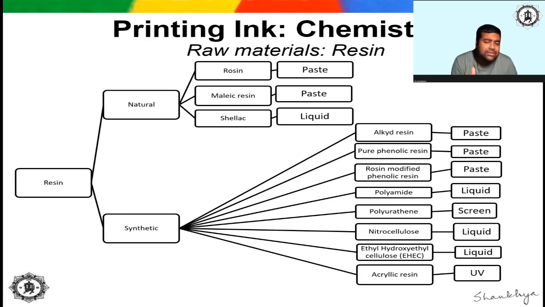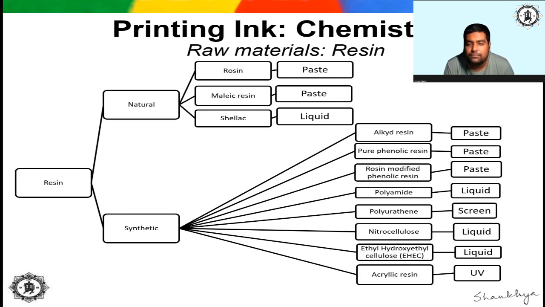You can modify your surface properties and your wettability with the help of some additives, that is true. But the basic fundamental which drives your entire ink chemistry is the resin. That is why it is known as the heart and soul of the ink. As we go ahead, we'll see how all these factors come in, and we will be studying all these things.